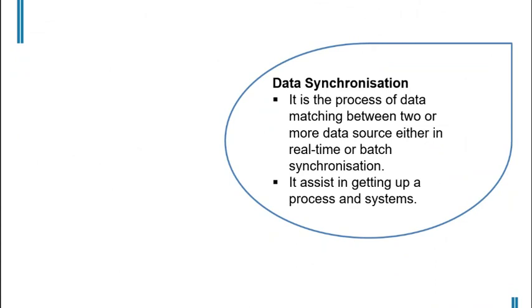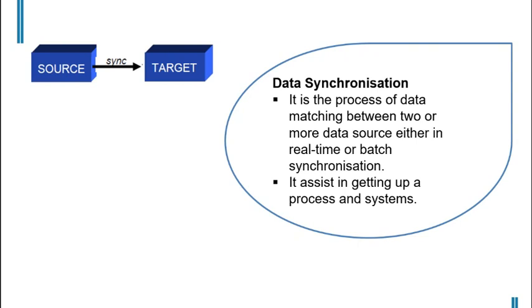Data synchronization, which is another level of data integration. In this case, you have a source, you have another source, and you try to synchronize them, which means there are different sources of data, for example, mobile phones, that are not integrated with the offline version in PCs.